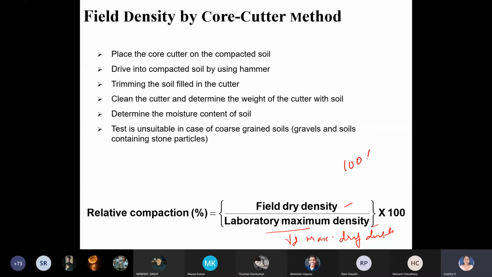Is it 100% compaction, or can it be 99, 97, and so on? That depends on what layer you are using, the type of road, everything. So 97% means the relative compaction, the field dry density attained divided by the laboratory maximum density multiplied by 100, should be more than 97%.